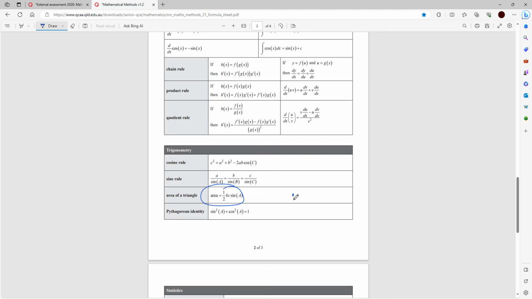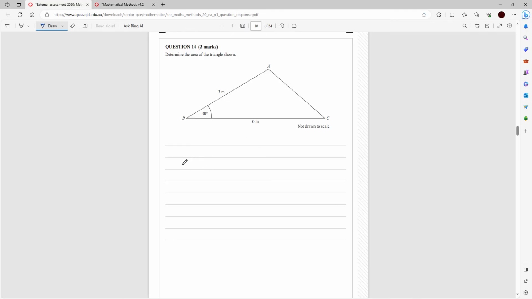If you have sides B and C, you can work out the area by multiplying these two lengths, finding the sine of this angle, and multiplying by a half, and that'll give you the area of this triangle. So write that formula down, it gives you a mark straight away. Area is A, not A. Why do I keep writing A?